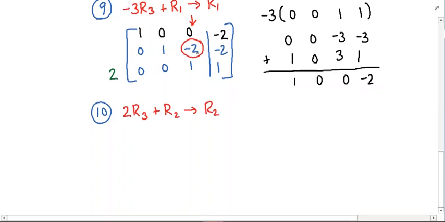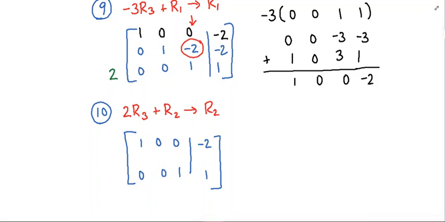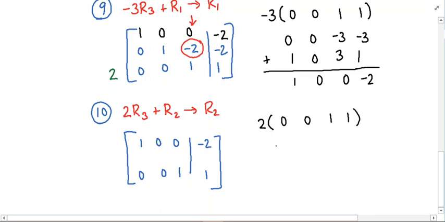For this last matrix, we are only changing row 2. So we're going to leave row 1 alone. We're going to leave row 3 alone. I'm going to go out to the side and do my work here. I need to do 2 times row 3. So write down row 3. Multiply everything by 2.